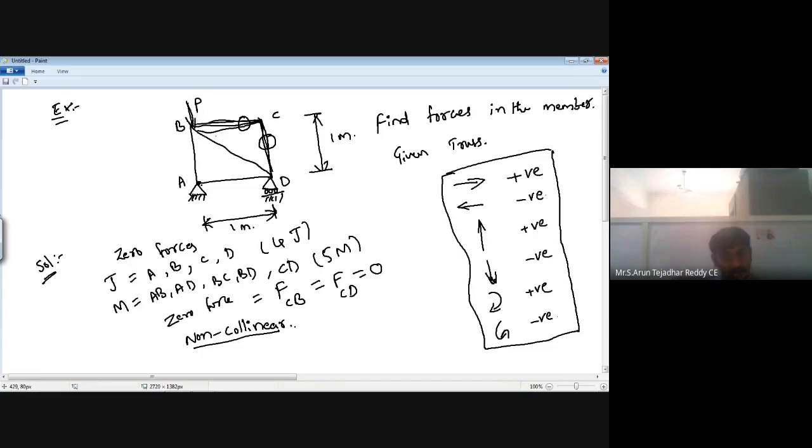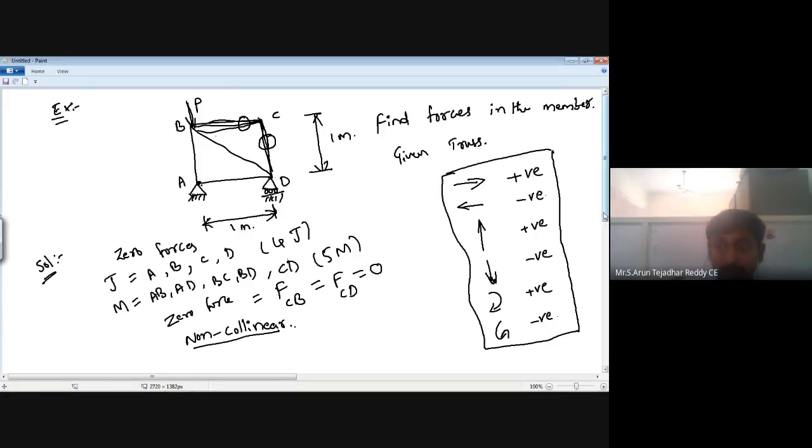So joint B, joint A, joint D are collinear. Suppose these are not zero forces, after finding the values they may become zero, but that is not a matter. But before that, CB and CD are 0. Write down FCB equal to FCD is 0.